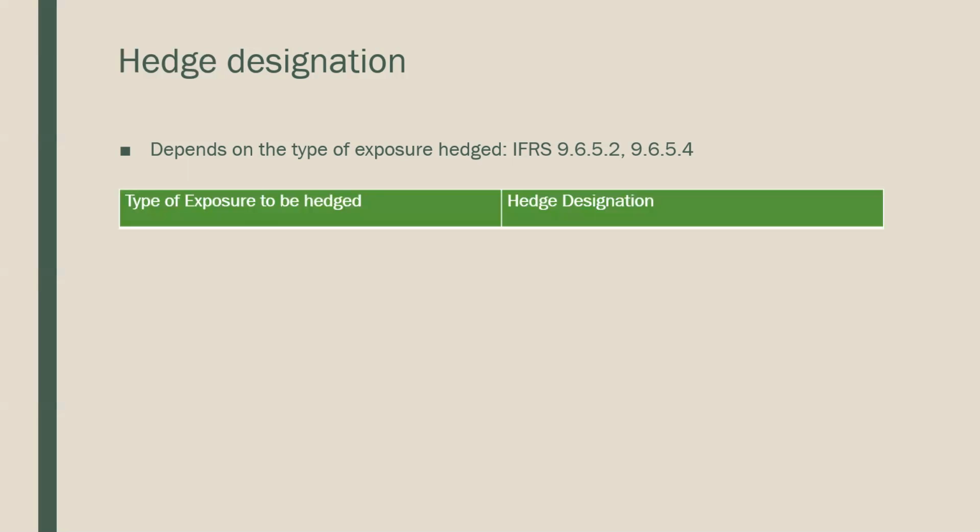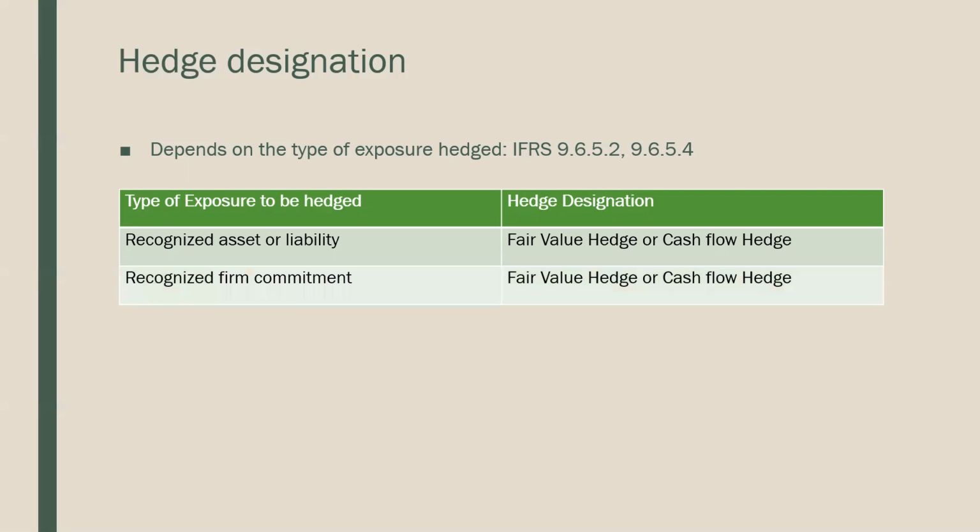How a hedge is designated depends on the type of exposure that is hedged. We can have a recognized asset or liability. In that case, the hedge can be described as a fair value hedge or a cash flow hedge. We can have a recognized firm commitment, in which case the hedge can be designated as a fair value hedge or a cash flow hedge.